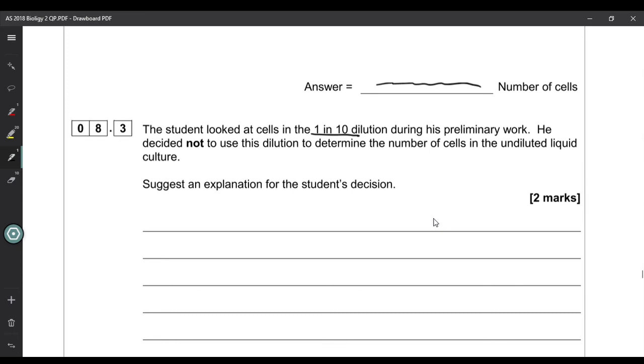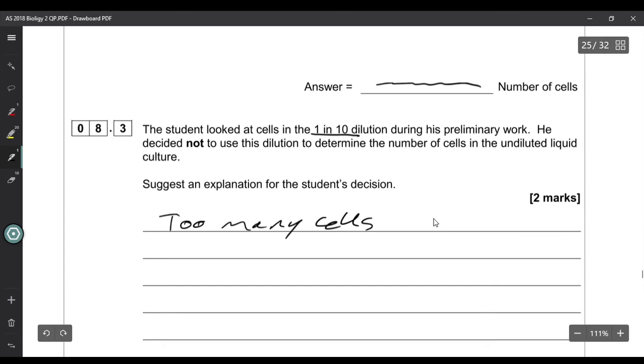Suggest an explanation for the student's decision. So obviously, if he'd used the 1 in 10 instead of the 1 in 1,000, there would have been so many more cells. So in fact, there would have been too many cells in that volume to count.